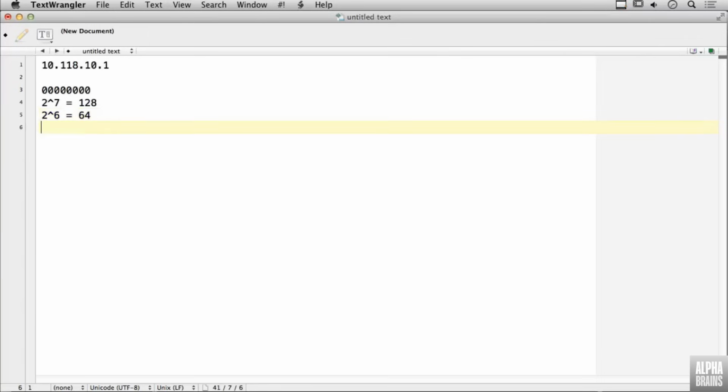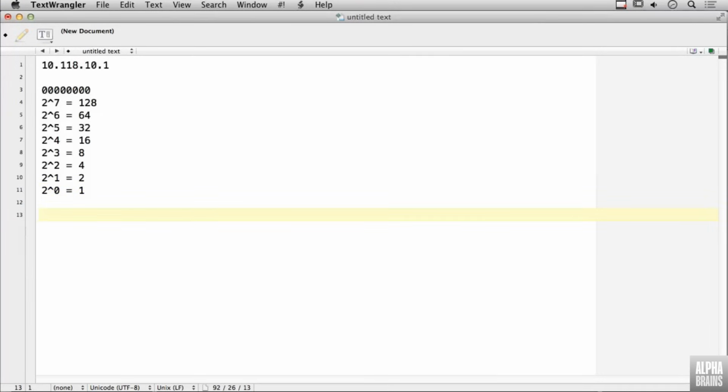Then I've got 2 to the 5th power is 32. 2 to the 4th power is 16. 2 to the 3rd power is 8. 2 to the 2nd power is 4. 2 to the 1st power is 2. And 2 to the 0 power equals 1.